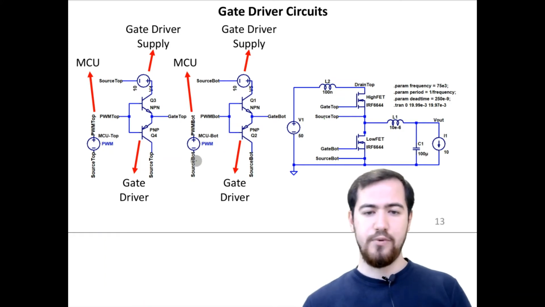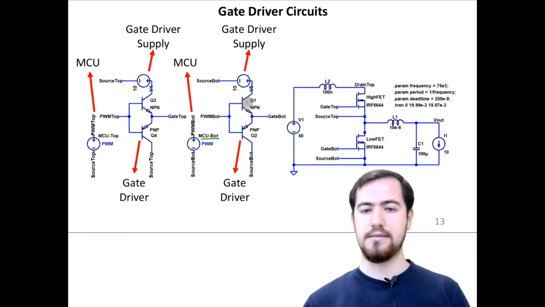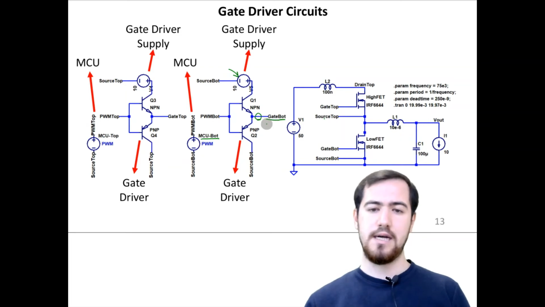We modeled a PWM signal, called the microcontroller output, for the bottom side switch, and this is connected to a bipolar gate driver structure, and we have placed a voltage source to supply the required current for driving the gates. The middle point, the switching node, is connected to the gate pin of the switching component, and this is valid also for the top side switch.